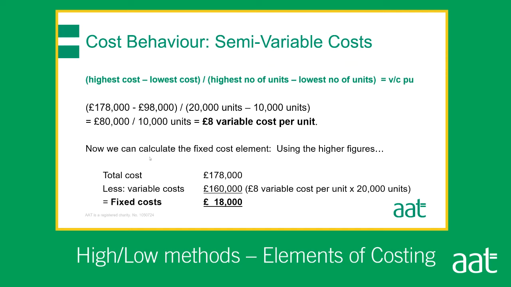You can see we are multiplying the cost per unit with the highest number of units, so we've used highest cost and highest number of units, giving us £160,000 there and giving us fixed costs of £18,000. So total costs less variable costs equals our fixed costs.